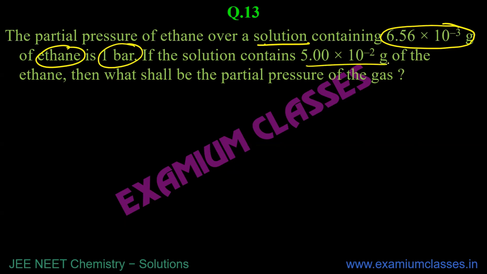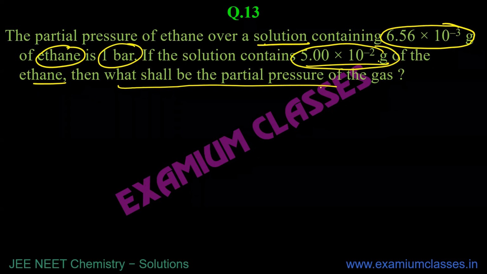If the solution contains this much ethane within it, then what shall be the partial pressure? Think about it. The question is very easy, basically. This type of question we have done. Would we have to take out the mole fraction in this question?